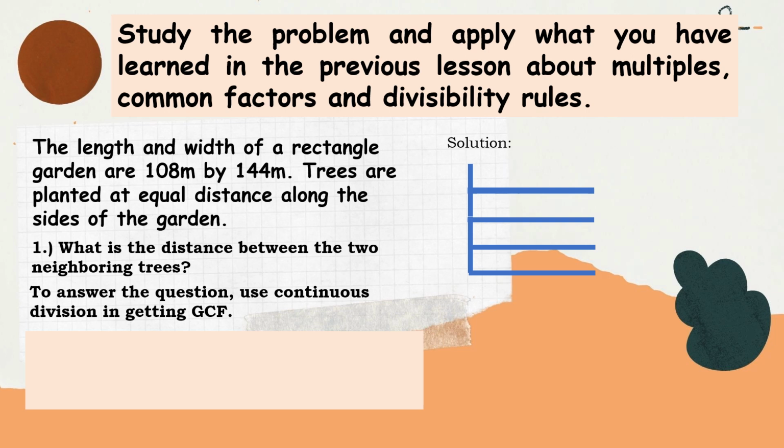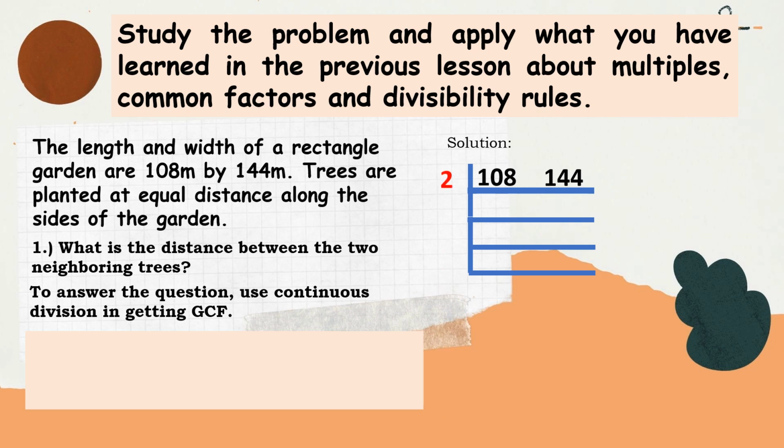So mga anak, ano bang ibig sabihin ng GCF? Yes, okay, tama. GCF stands for greatest common factor. So ngayon, kukunin natin, hanapin natin ang dalawang numbers natin, which is 108 meters and 144 meters. Ayan, hahanap tayo ngayon ng prime number na pwedeng i-divide both 108 and 144.